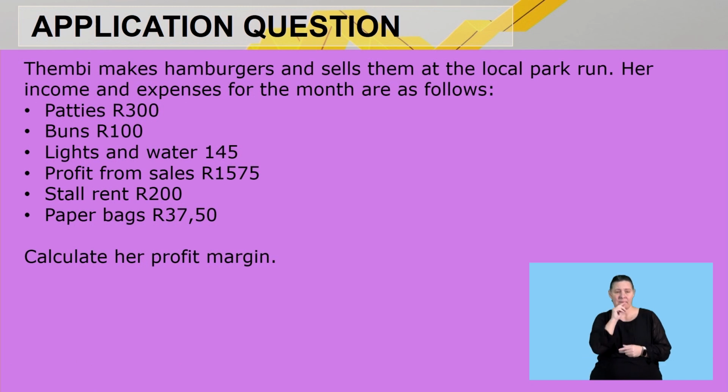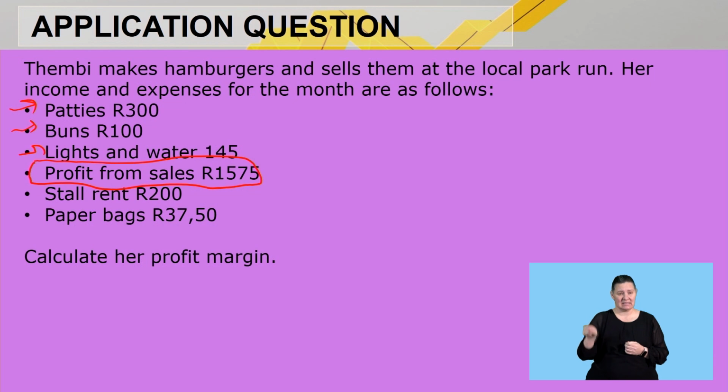Tembi makes hamburgers and sells them at the local park run. Her income and expenses for the month are as follow. She's got patties because it's burgers. She's got buns for 100 Rand, lights and water or utilities for 145 Rand. She makes profit.